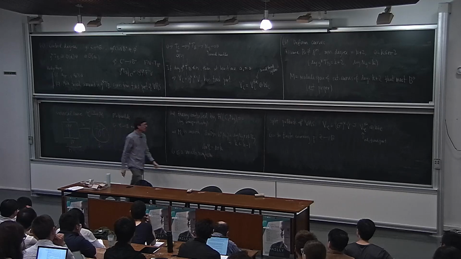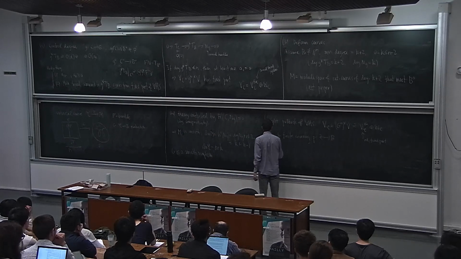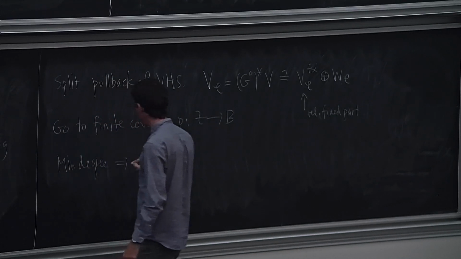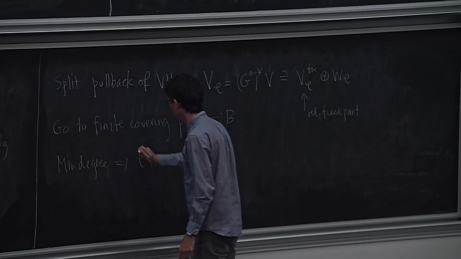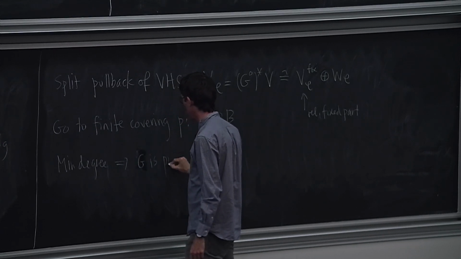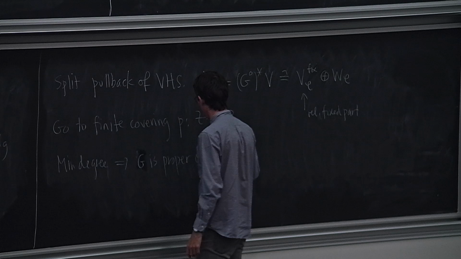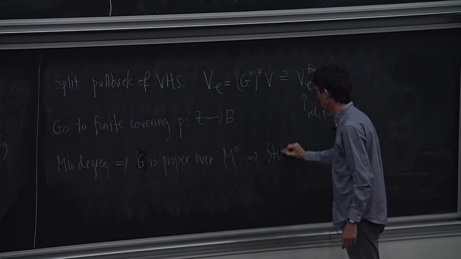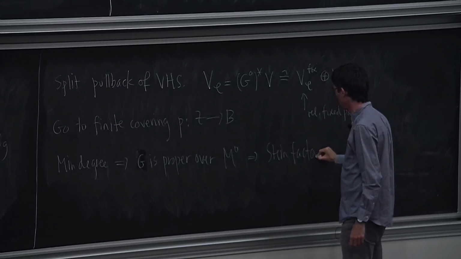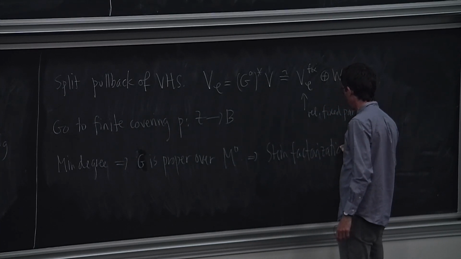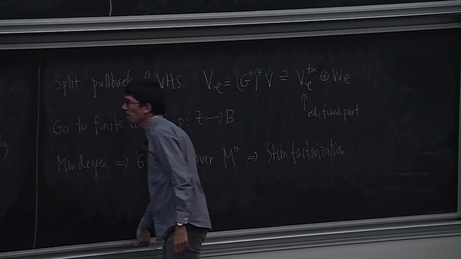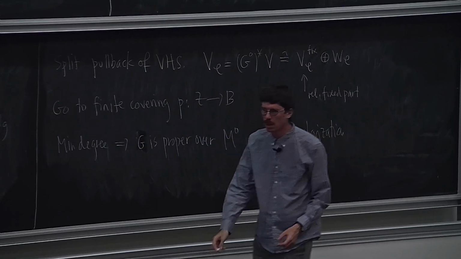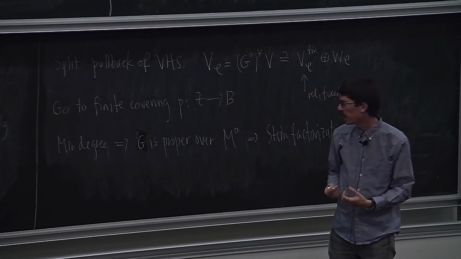So by minimal degree, the minimal degree condition says that G is proper over M0. And so then I can do a kind of Stein factorization. You Stein factor the proper part over B0, and then you extend it to a finite covering.